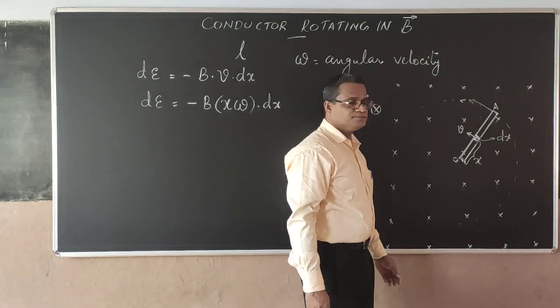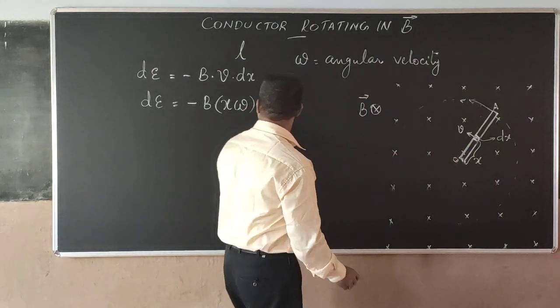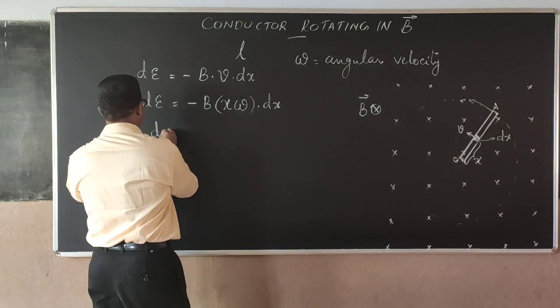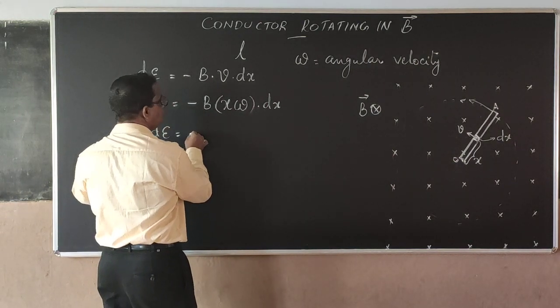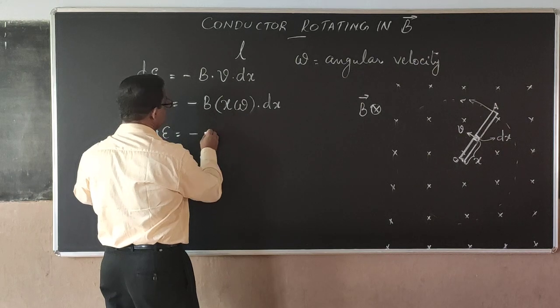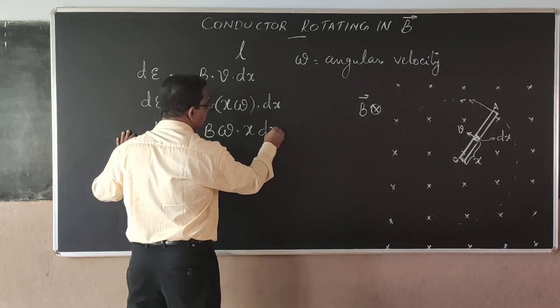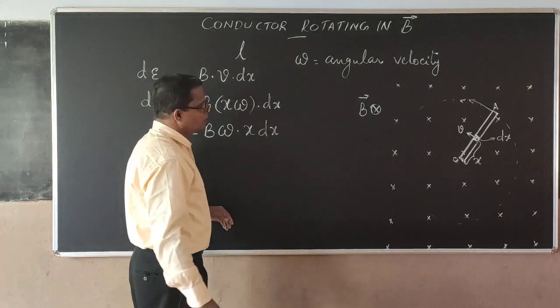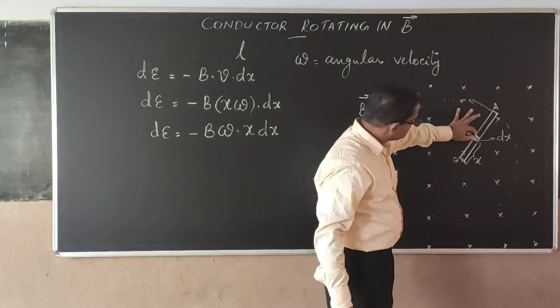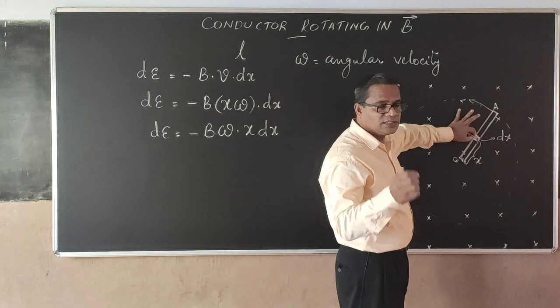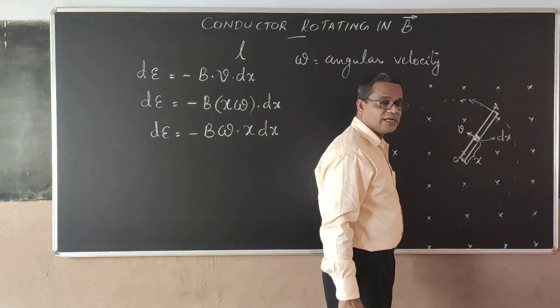Therefore, you get an equation like this: dE equal to minus B omega x dx. Now this is the small EMF induced in this small length dx of the conductor.